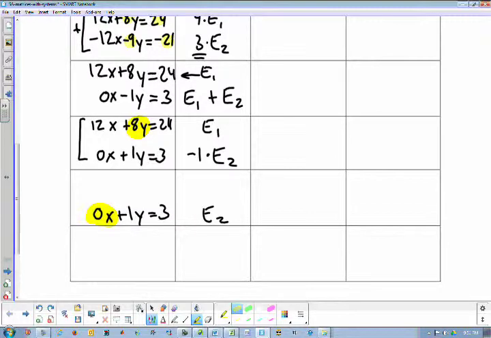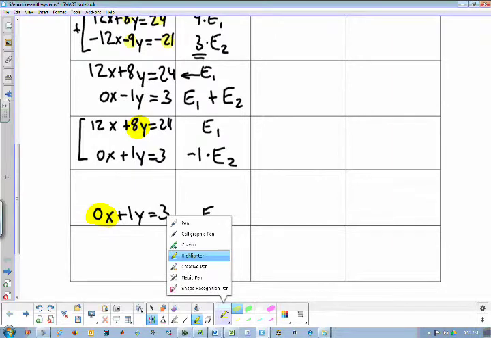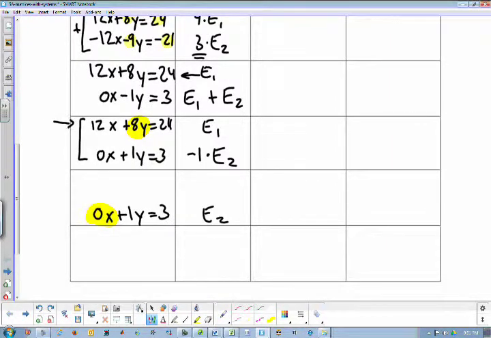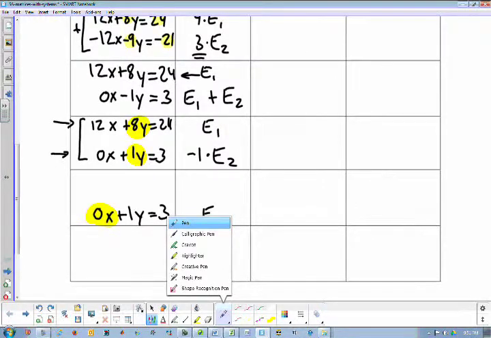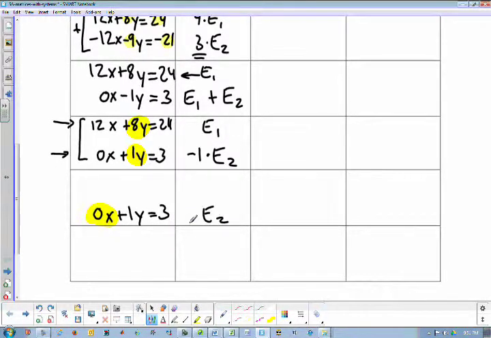So let's take the first equation up here and subtract 8 times the second equation, and that will make these y's disappear. Okay? So let's record what we're going to do here. We're going to take E1 from up above, and we're going to subtract 8 times E2.